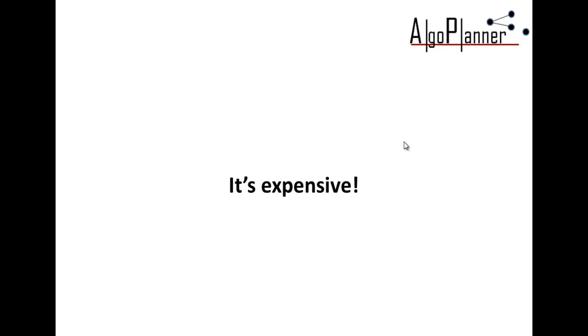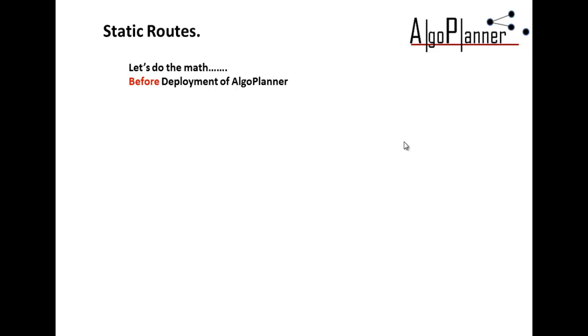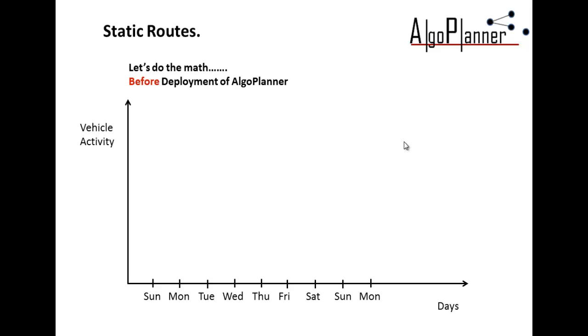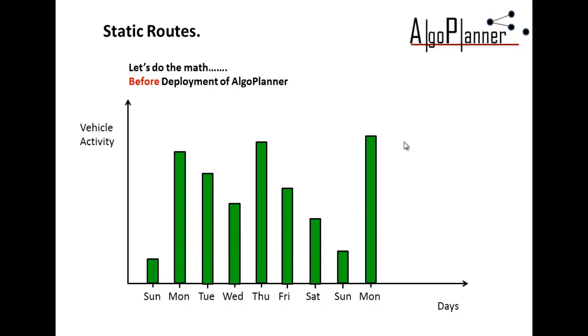Why is that? Well, let's take a look at the math. Each day the driver taking care of, let's say, Zone 1 has a certain amount of pickups and deliveries that need to be taken care of. When we talk about parcel distribution and other similar businesses, this amount, however, fluctuates from day to day.